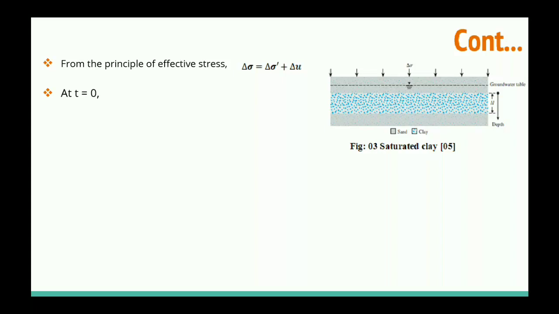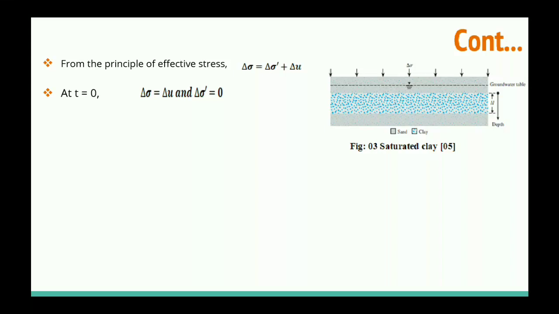So initially the pore water pressure will be maximum, equal to the total stress. So we can write the change in the total stress is equal to the change in the pore water pressure, where the effective stress will be 0, because initially there is no stress induced in the solid particles.